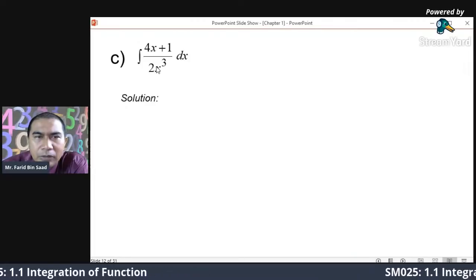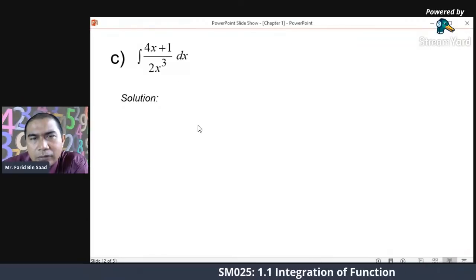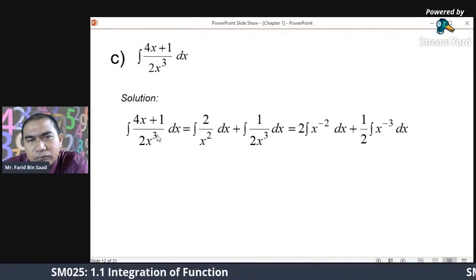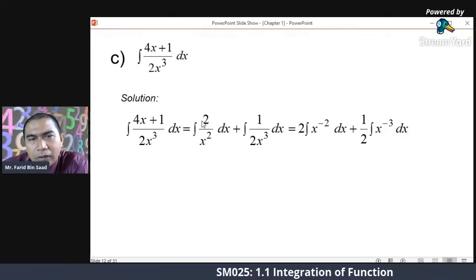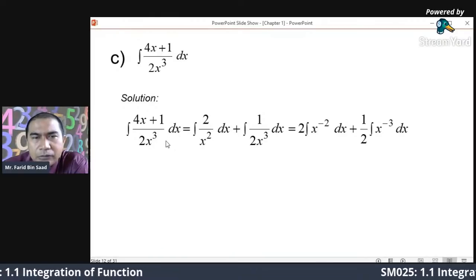So this one, we have x power of 3. So what we have to do with this question is separate it. As you can see here, 4x divided by 2x cubed, we separate it and then we get 2 over x squared dx, and then plus 1 over 2x cubed dx.